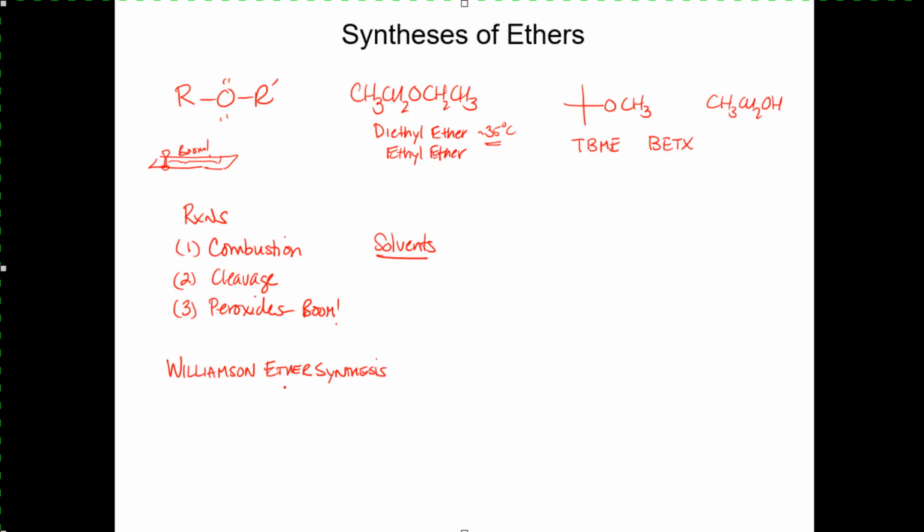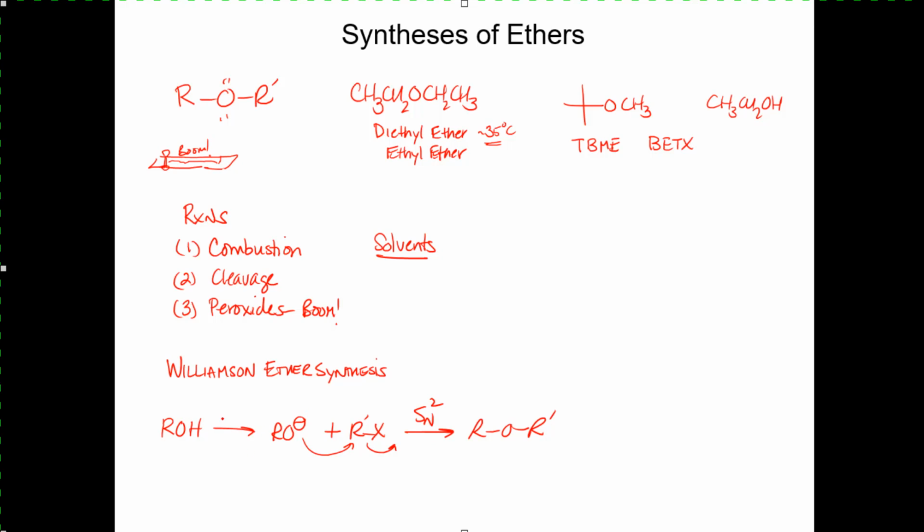The Williamson ether synthesis starts by taking an alcohol and converting it into an alkoxide, and then reacting that alkoxide with a halide in an SN2 mechanism to then form the ether. So that's the overall way to do Williamson ether synthesis.